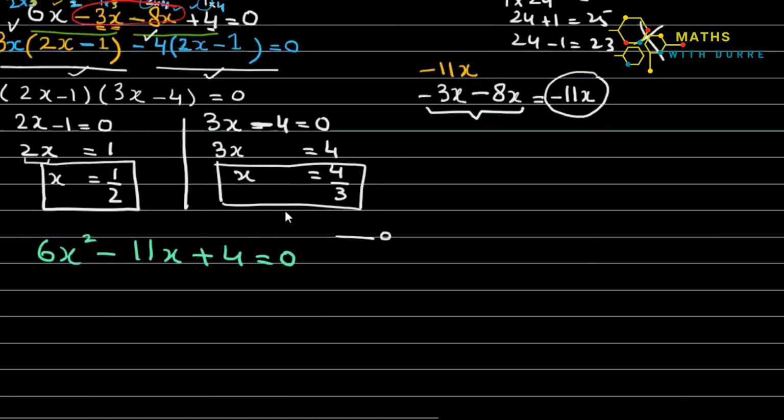As you know, the process is the same. We have to multiply the constant value with the coefficient of the variable whose power is 2. So I will multiply both of them. I will get 24. And after finding the factors which are satisfying the middle term, I will just take 3 times 8, and they are giving me 24.